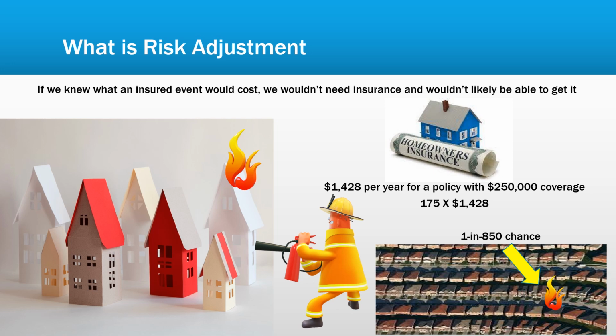Now, you could have buyer's remorse and say, after 10 years, I paid $14,280 and my house hasn't burned down. That's hindsight, and you should consider yourself fortunate. However, the opposite side of that is, if your house burns down and you haven't paid the $14,280, well, now you're going to be losing a little over $220,000.